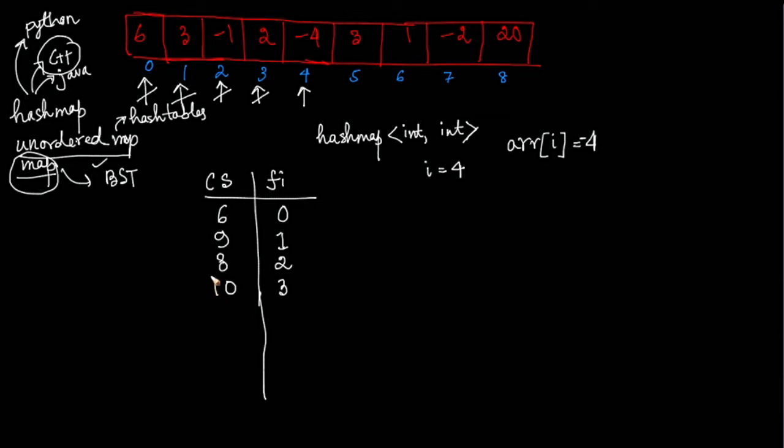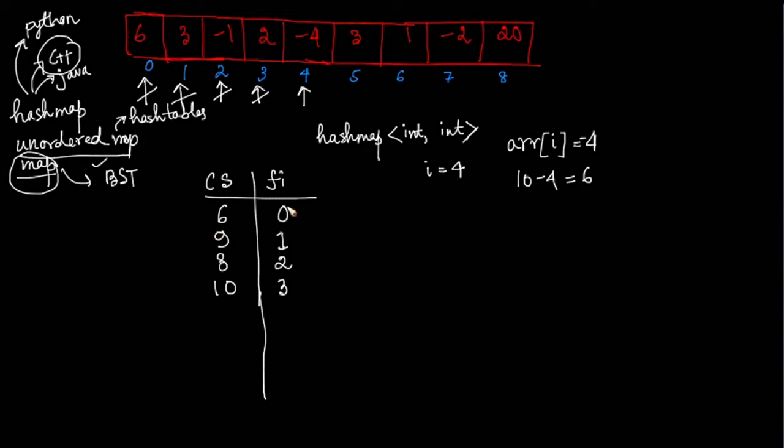And I have 10 as a cumulative sum till now. So 10 minus 4 is 6. I have 6 already present in the array, cumulative sum.